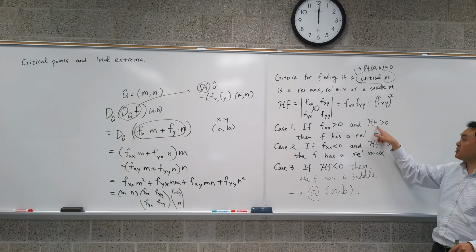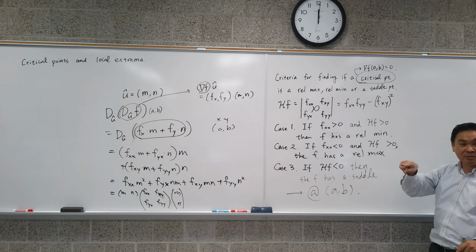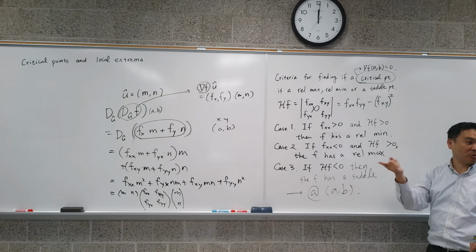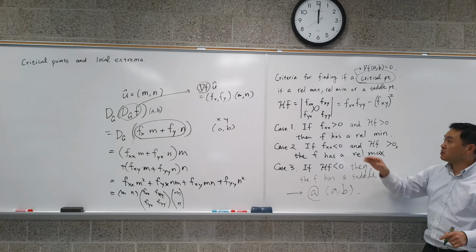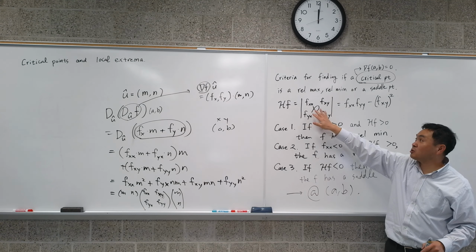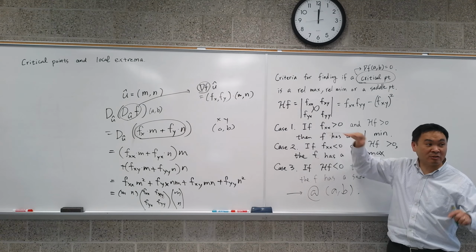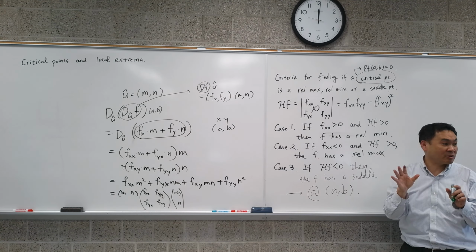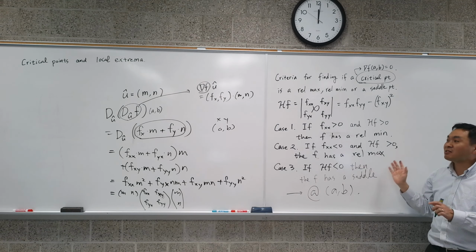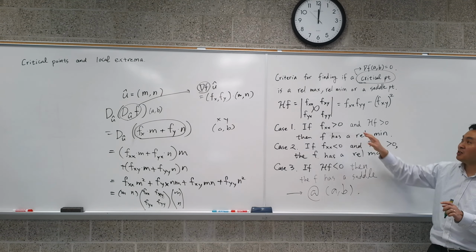Or if it's negative in one direction, then it's negative everywhere. That's because the maximum second derivative and the minimum second derivative multiplied together is positive. So either they're both positive or both negative. Yeah, so that's the deep reason why you end up with this.